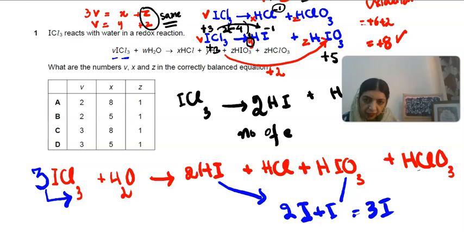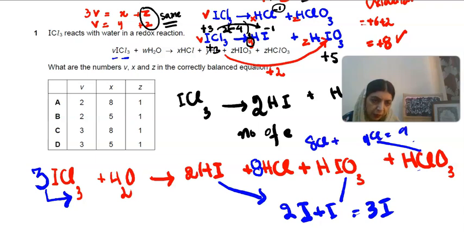You have 9 chlorine. Now you can count the number of chlorine atoms. You have 1 chlorine here, and you have this side to balance. So if you put 8 here, you get 8 chlorine plus 1 chlorine, it becomes 9 chlorine. So your chlorine is balanced. So you get 8 here.